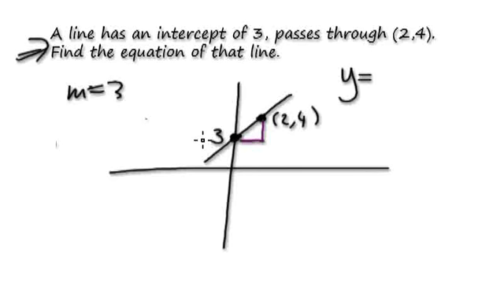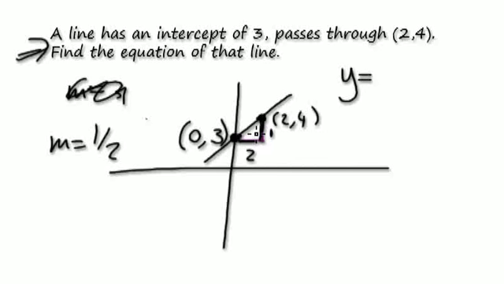So this thing here would be 0, 3 in effect, because the intercept of 3 means x would be 0. Anyway, this point is 0, 3. This point is 2, 4. So the height here would be 1. The width here would be 2. So the gradient is actually a half, because it's 1 over 2.